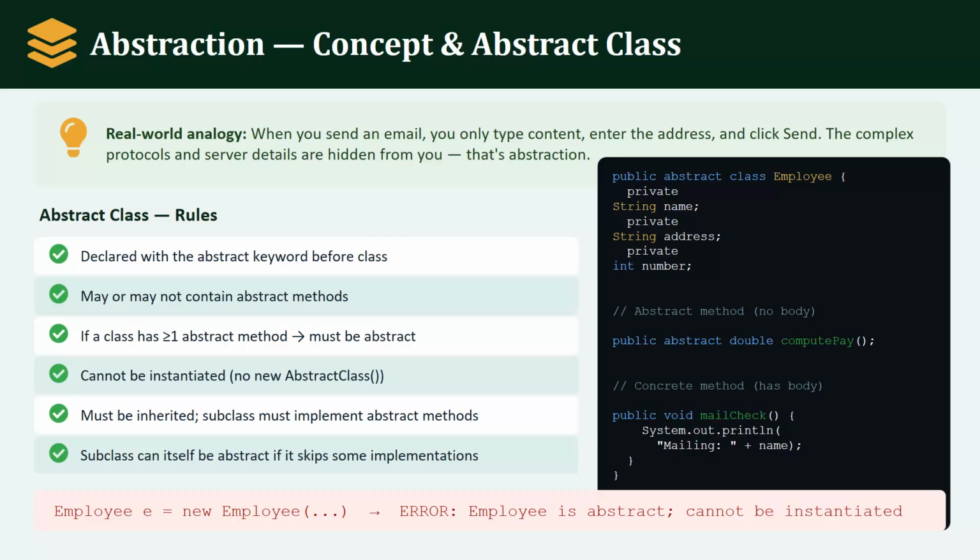The other rule is that it cannot be instantiated, or no new abstract class object can be created. The other rule is that it must be inherited. A subclass must implement an abstract method.